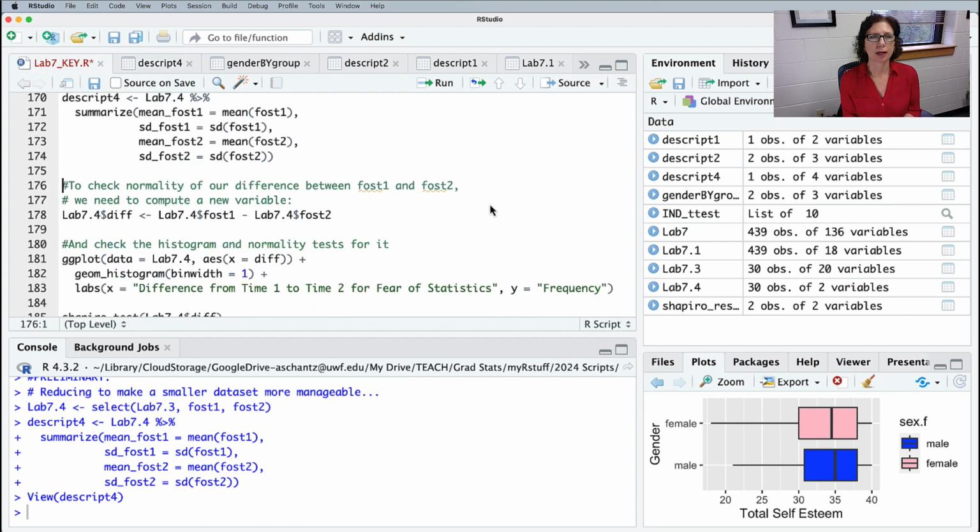Okay, I still need to check normality, but for our paired samples t-test, I'm checking the normality of the difference between FOST1 and FOST2. So I need to compute a new variable. Similar to what we've done in a prior lab, we're going to create a new thing assigned by this formula. So I'm just saying this score minus this score is now going to become this new variable in this data set.